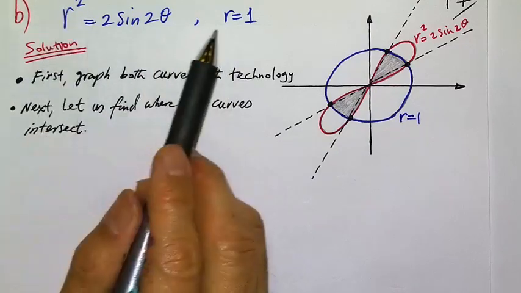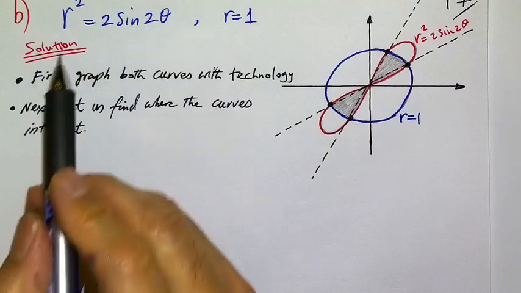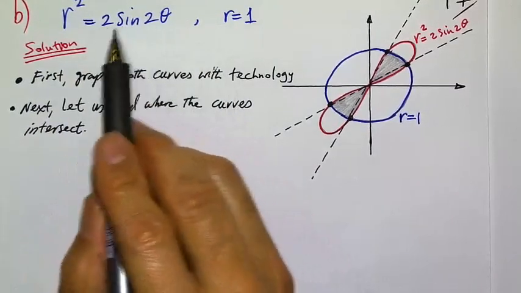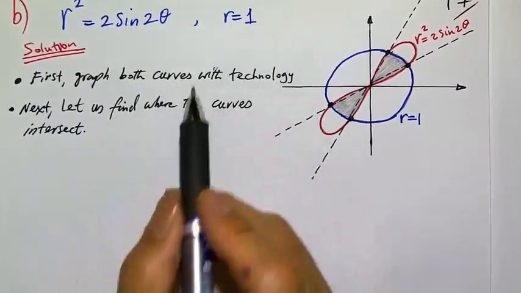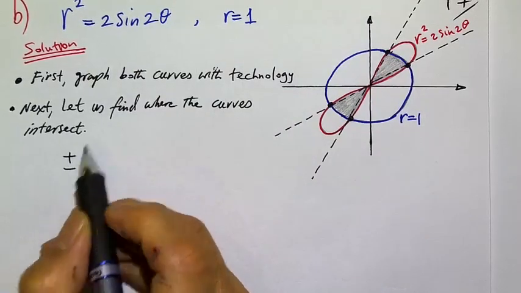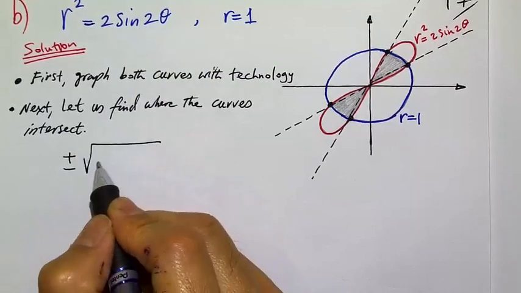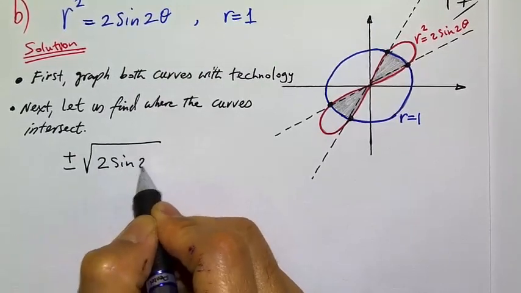And this is r squared, that's r. So if we take the square root of both sides, this is equivalent to that. So we have plus or minus the square root of 2 sine 2 theta.